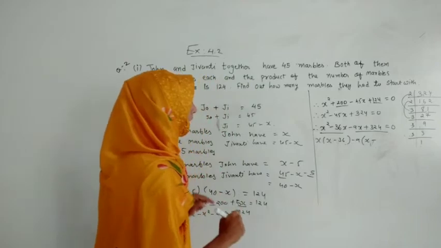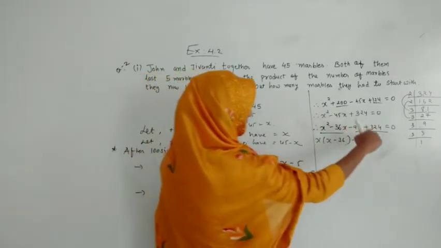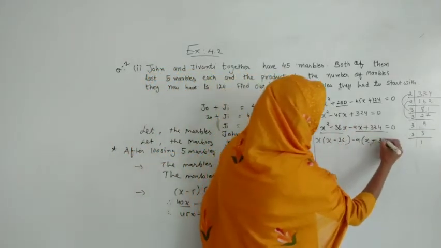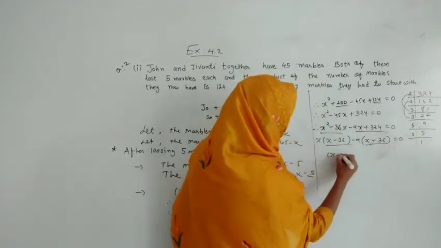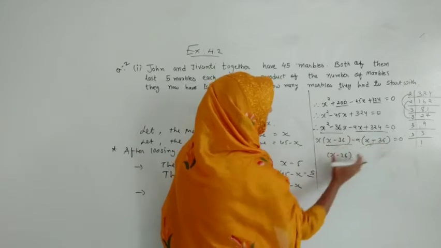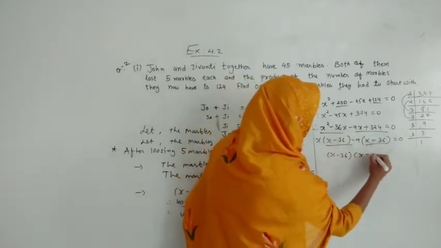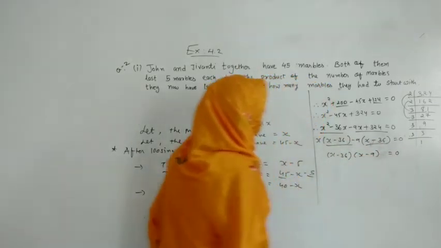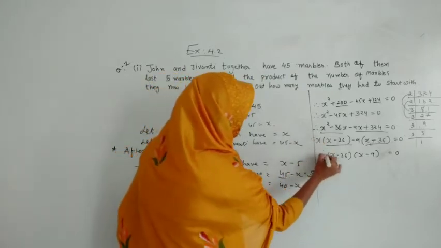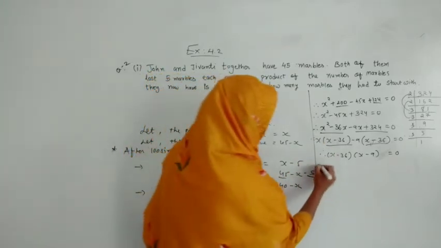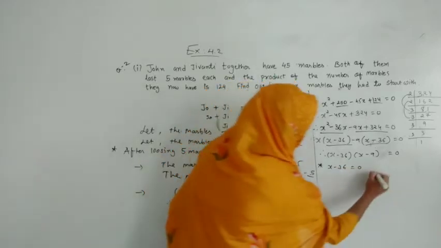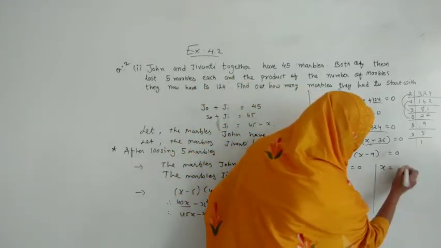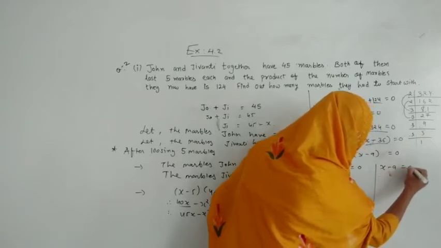Most of the students are not doing this and they are making mistakes over here. So here we will write that 36 only. If two brackets are the same, write it as 1. So in one bracket we wrote this and write in another bracket x minus 9, and they both are equal to 0. Now here we have to compare it with 0, means here we will write x minus 36 is equal to 0 and here we will write x minus 9 is equal to 0.